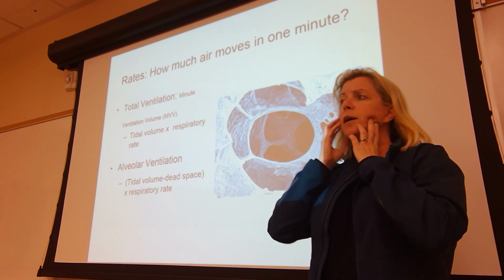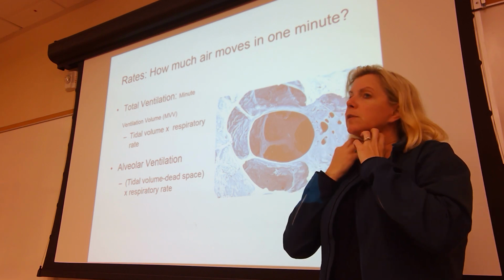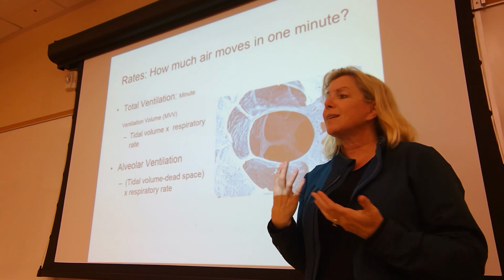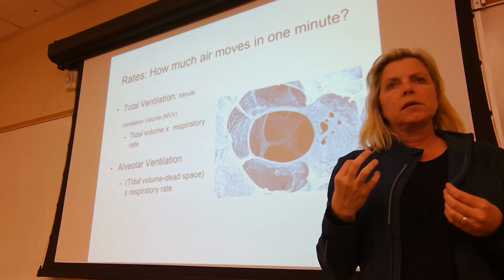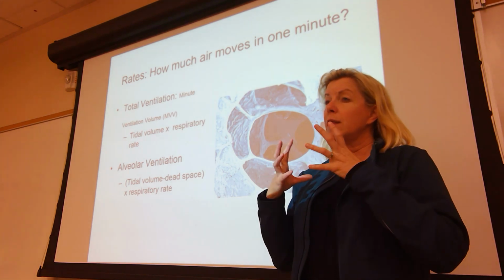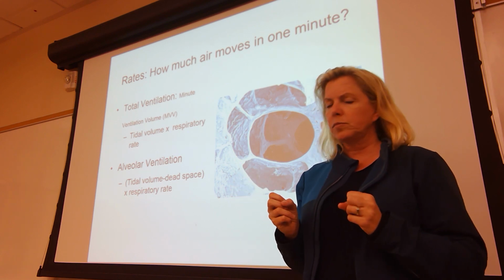Some of it is stuck in my nasopharynx, oropharynx, laryngopharynx, larynx, trachea, bronchioles. It's in areas that are the conducting zone. So I need to subtract that anatomical dead space. That's what we call the amount of air that those structures hold: anatomical dead space.